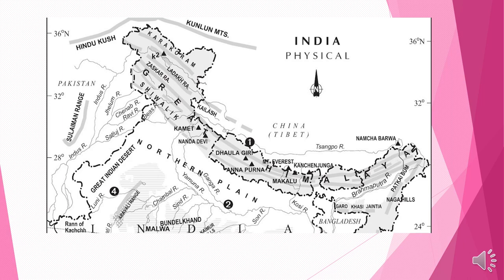After that, Satluj to Kali river: the Kali river originates from Uttarakhand, so this area is called the Kumaon Himalaya. Then Kali river to Tista river, and the Tista river originates from Sikkim. This area is called the Nepal Himalaya. And after that, Tista to Dihang.